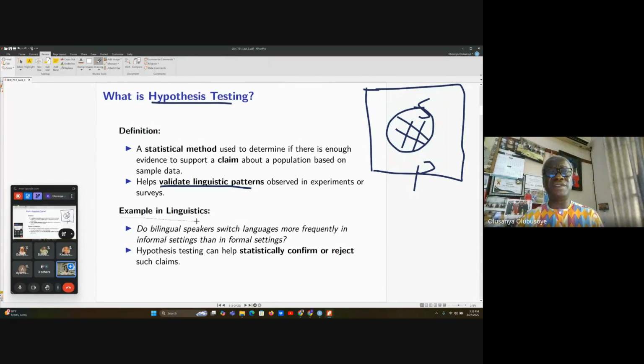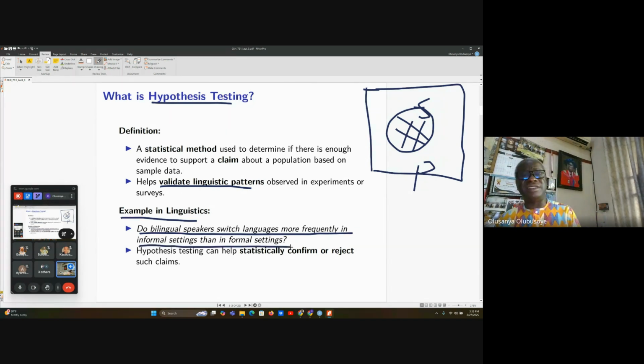An example of a situation that we can consider here is, for instance, if one is interested in answering the question: do bilingual speakers switch languages more frequently in informal settings than in formal settings?